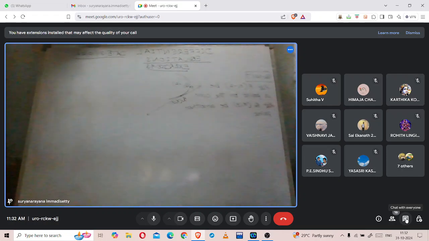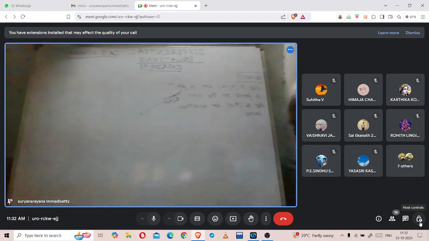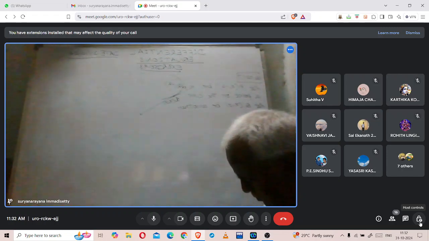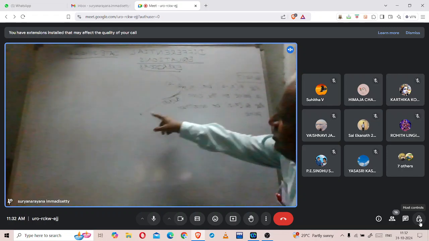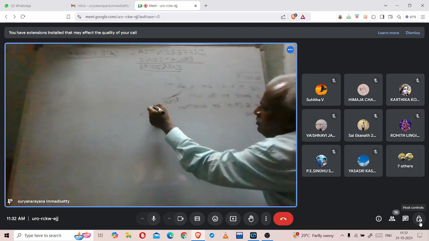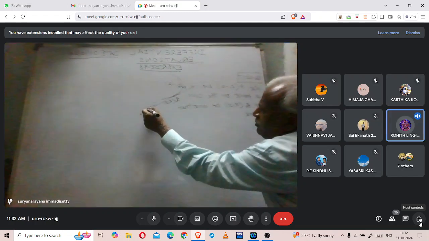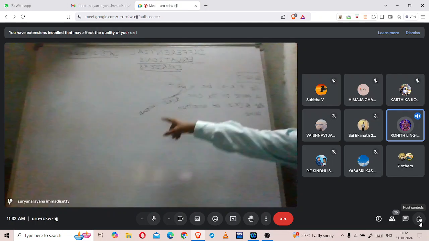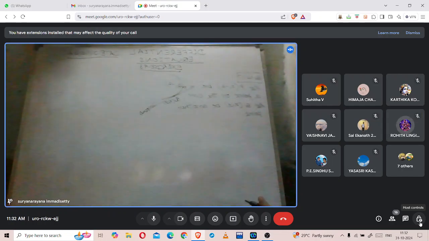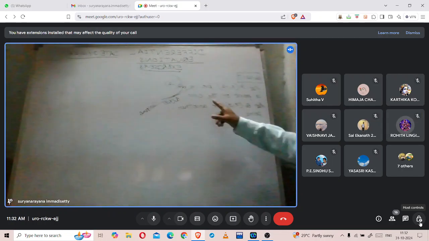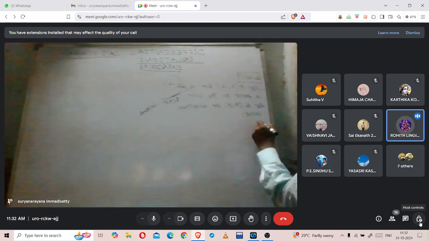Then it is given that the product of the slope of its tangent. So if you draw a tangent, this is a tangent line. This is a tangent at point Q. So slope of the tangent at Q.